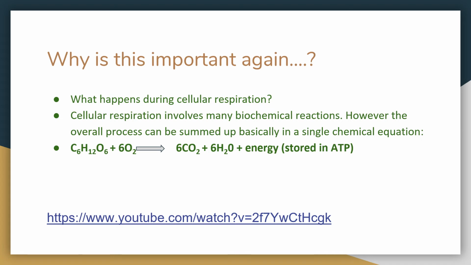Matter can be neither created nor destroyed. So there must be an equal number of atoms of each element on both sides of the reaction. And as a result, energy is released. So cellular respiration releases energy in the form of ATP during its chemical reaction.